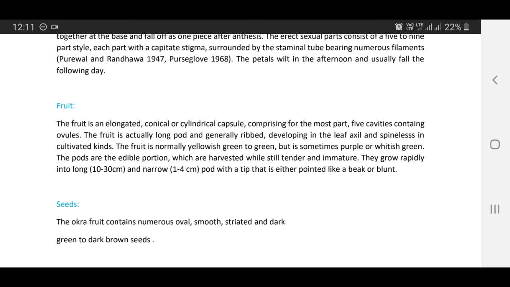The fruit is normally yellowish green to green, but is sometimes purple or whitish green. The pods are the edible portion, which are harvested while still tender and immature. They grow rapidly into long 10 to 30 cm and narrow 1 to 4 cm pods with a tip that is either pointed like a beak or blunt.